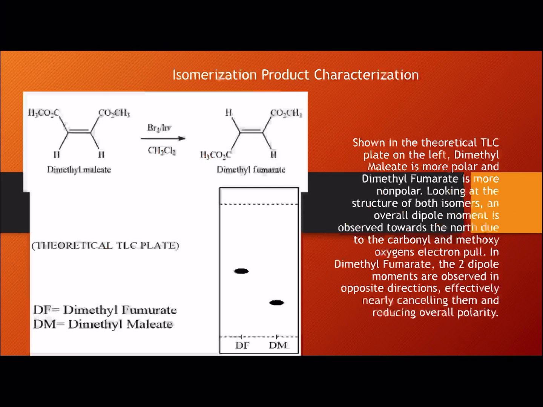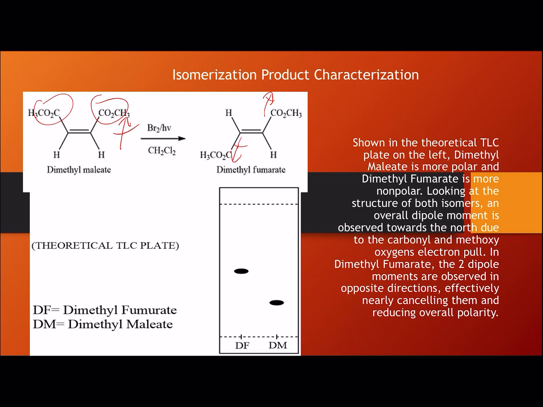We are able to see this dimethyl maleate right here, and this polarity going this way. It is more polar, right? In the other one, the polarities are not directly canceling each other, but it is reaching that 0 mark more than the dimethyl maleate, as far as polarity here. So we are able to see this TLC plate and where dimethyl fumarate is.